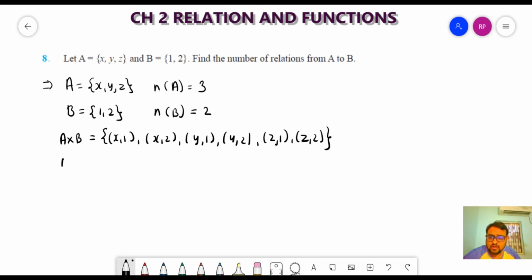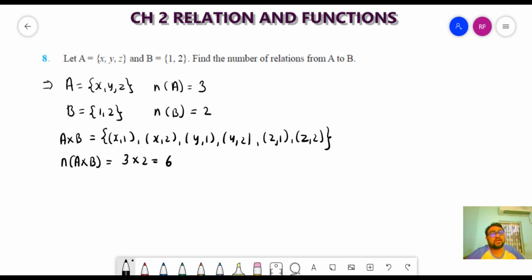So what are number of elements of A cross B? 6. I can directly write down 3 into 2, because number of elements in A is 3, number of elements in B is 2, so 6. Or else on the other way, just calculate 1, 2, 3, 4, 5, 6. There are 6 elements in A cross B.